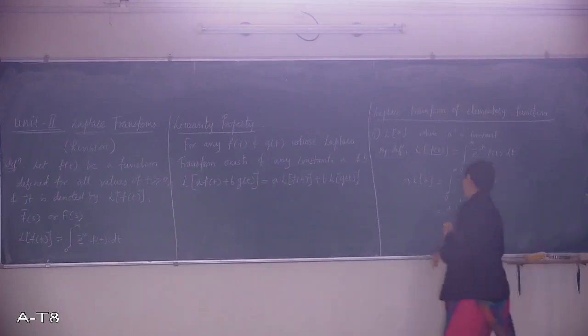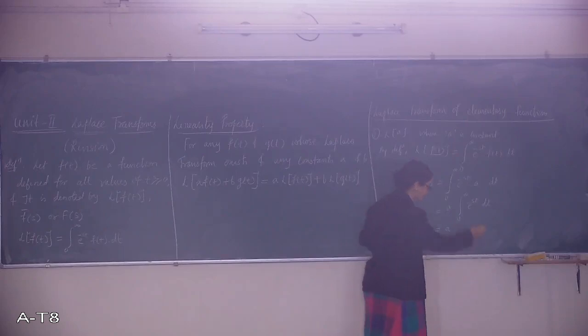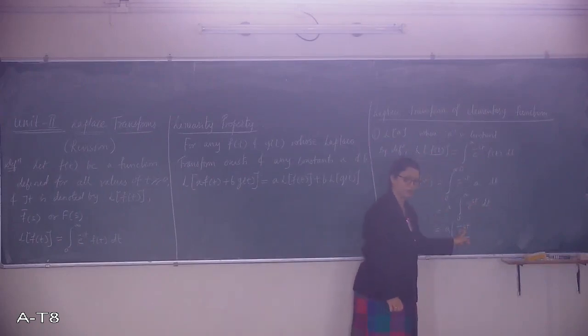Now what is the integration of e to the power minus st? It is e to the power minus st upon minus s, because we are integrating with respect to t, so s acts as a constant.